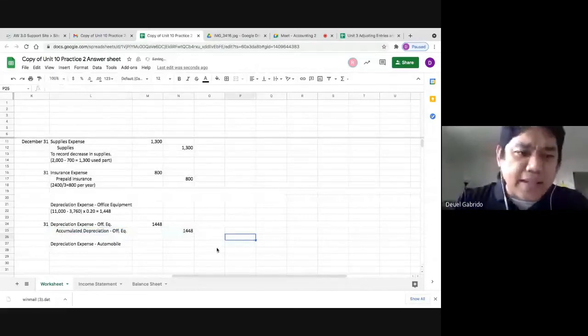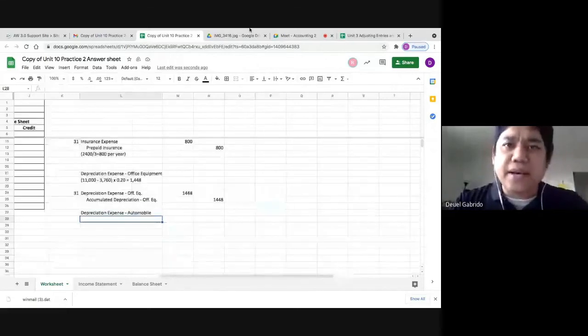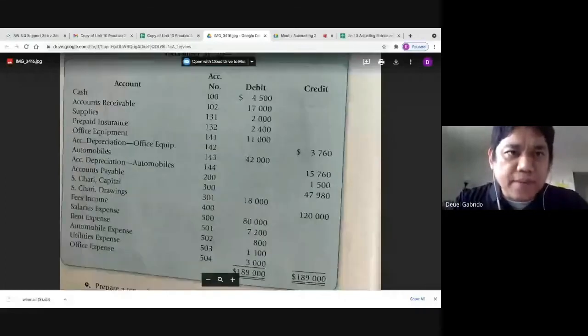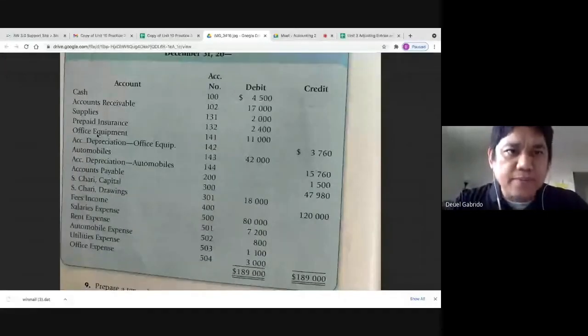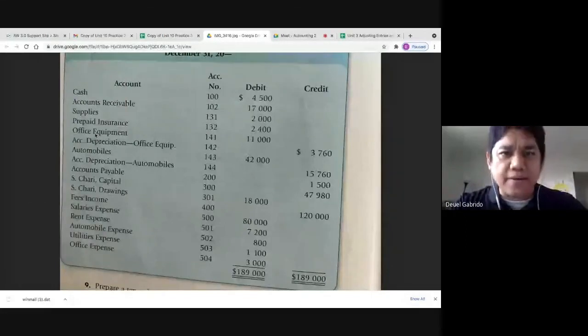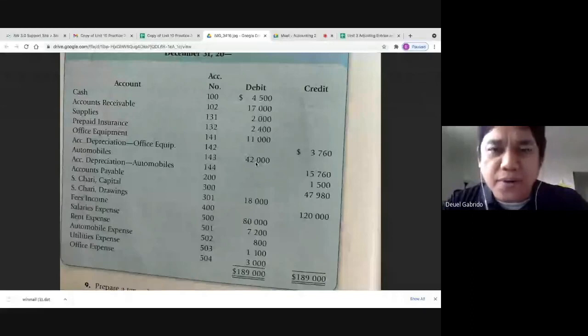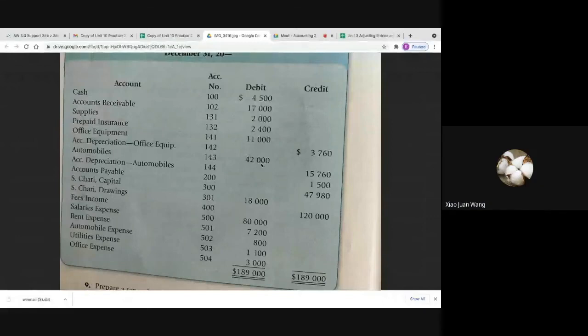Okay. So what are the numbers here for the automobile? Where is the automobile? Yeah, here. Is the automobile brand new or not anymore? Old. Oh, very good.